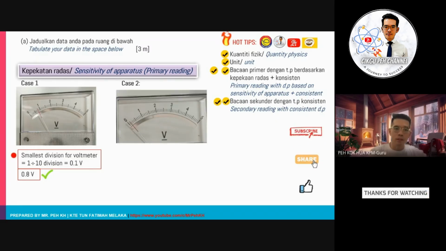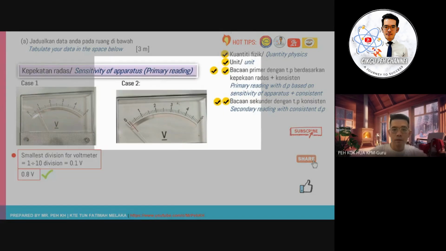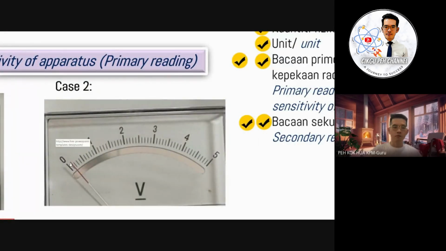So in case 2 here, you can see the voltmeter reading, the pointer is actually at the middle between the first segment and second segment. Okay, so let's say we follow the case where the smallest division is 0.1.